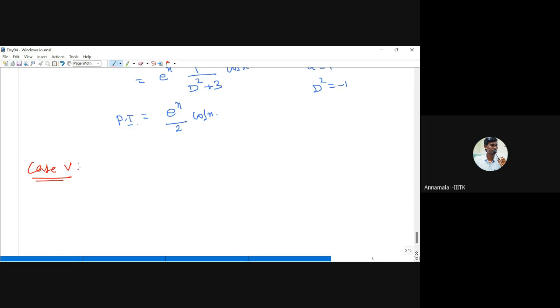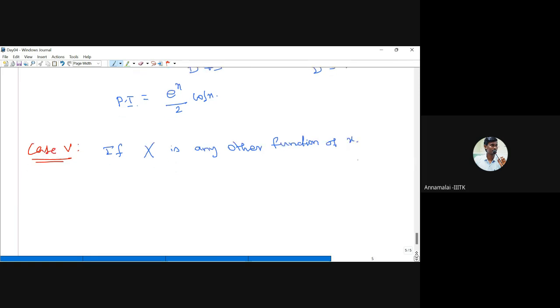The right hand side capital X is any function of x, a general function. So if capital X is any other function of x, in that case, what is the particular integral?